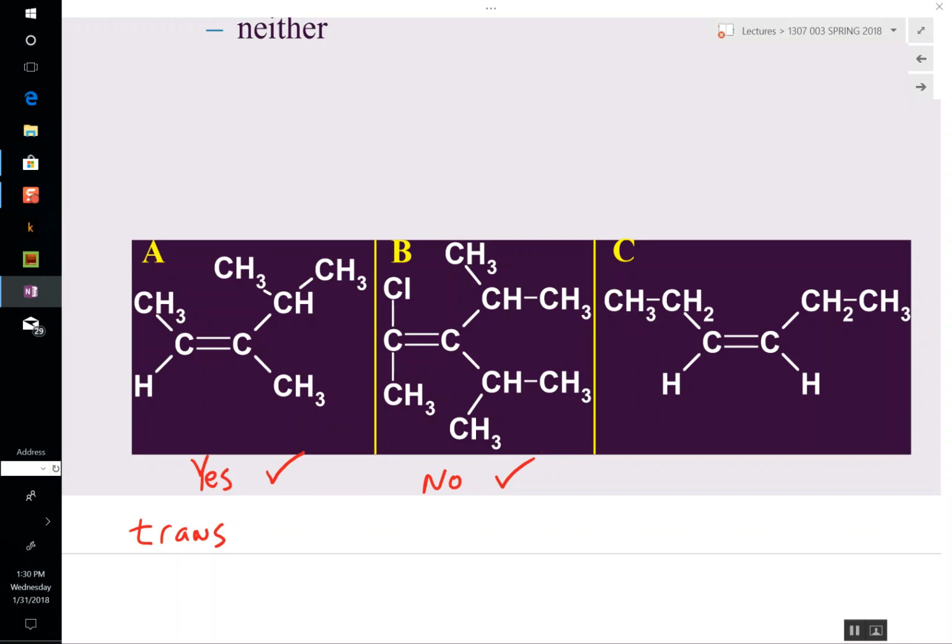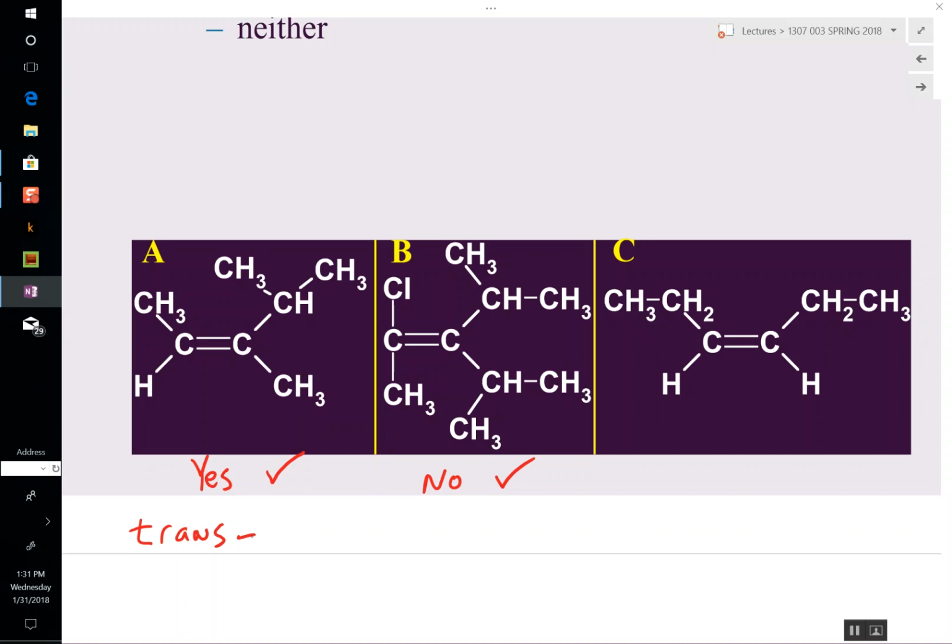So I have to start here. 1, 2, 3, 4, 5. Okay, so that's a pentene, and then you would name it from there. But it wouldn't have cis or trans in front of its name. This one over here would have trans, it's trans something or other. But neither cis nor trans.